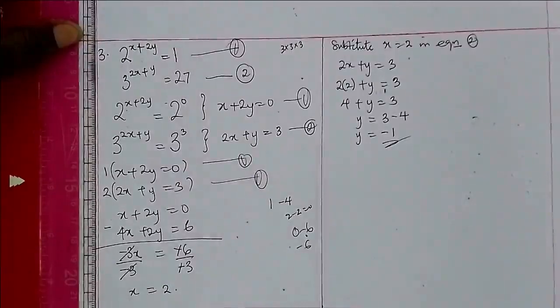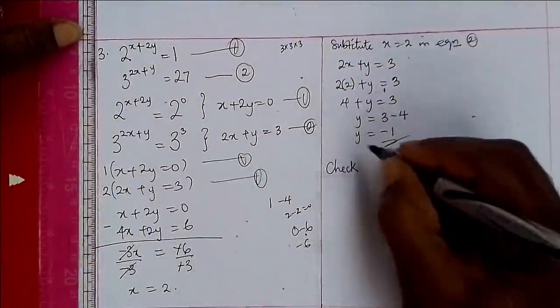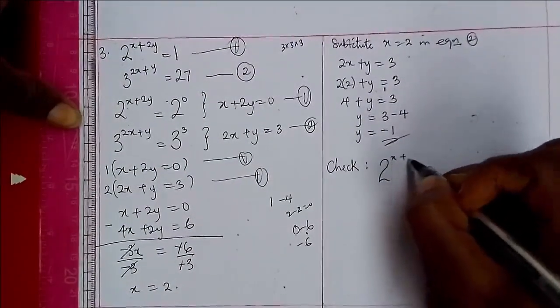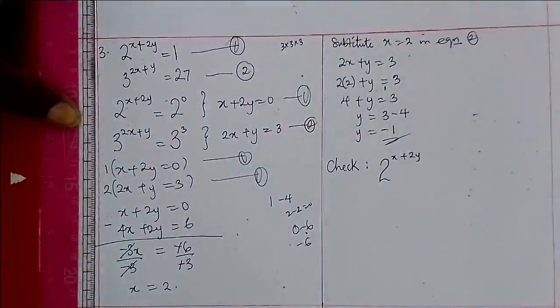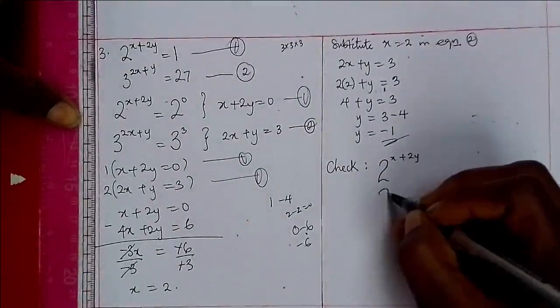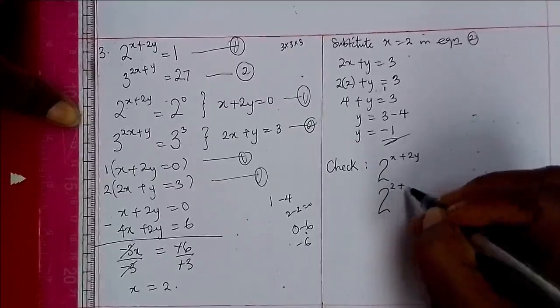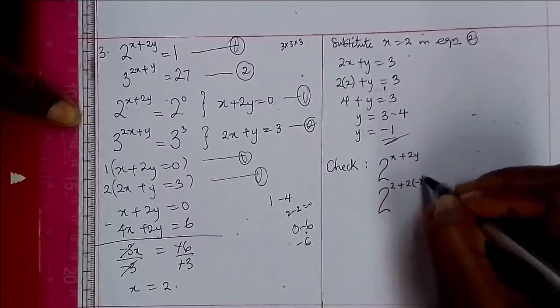Now if we want to be sure of our answer, let's check. Let's check for the indices part. 2 raised to the power of x plus 2y. Let's see if our answer will give us 1. So we have 2 raised to the power, x is 2, plus 2 times our y, which is minus 1.